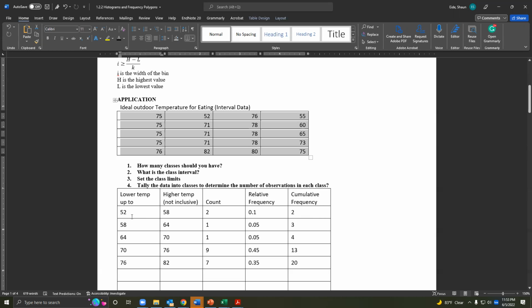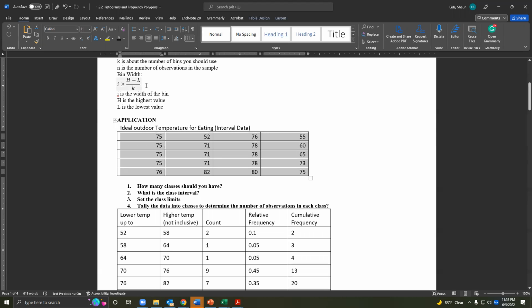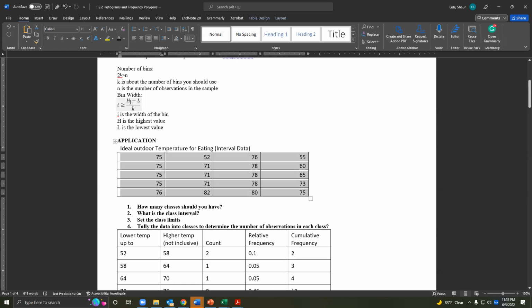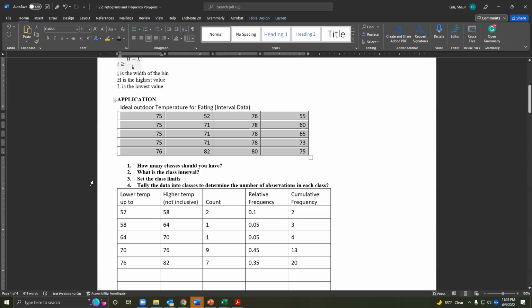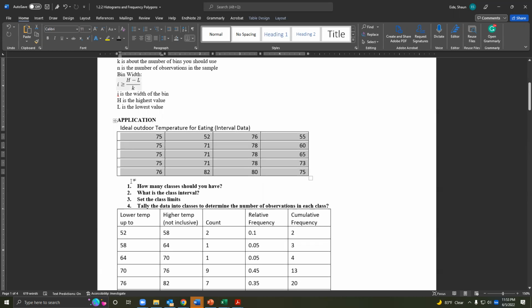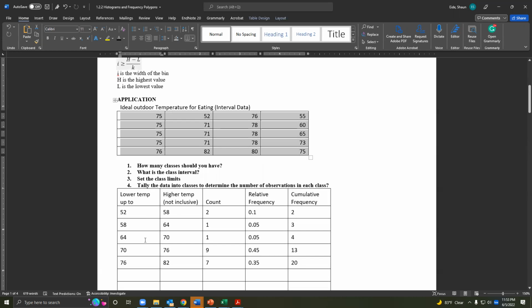So that means that we should have classes of 6, because 30 divided by 5 is going to be 6. And so 5 classes with intervals of 6.